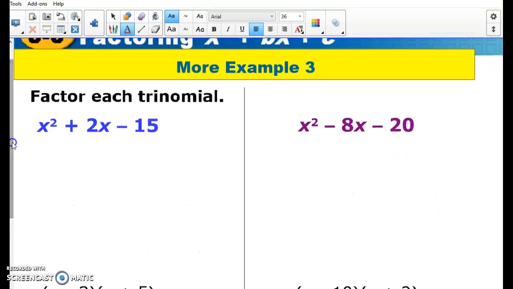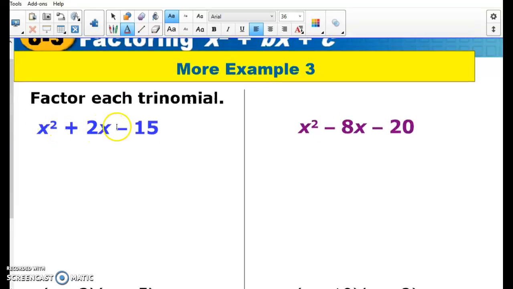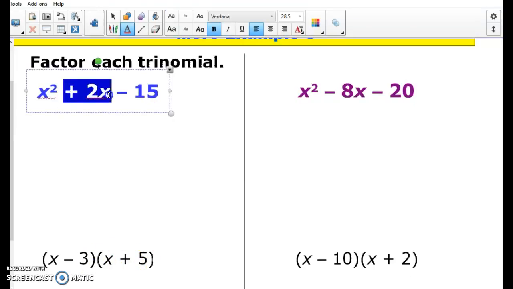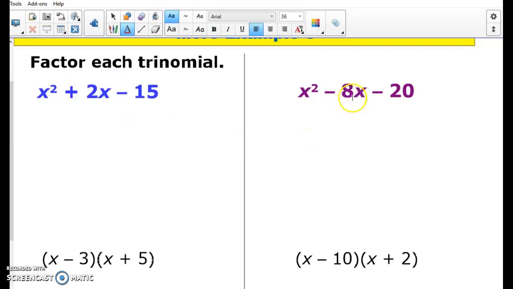So here's kind of the same thing, x squared plus 2x minus 15. Okay, so I know one's going to be positive, one's going to be negative when I have a minus on that number. And it's going to be a 5 and a 3. And again, my 5 has to be positive because my 2x is positive. Here I have x squared minus 8x minus 20.